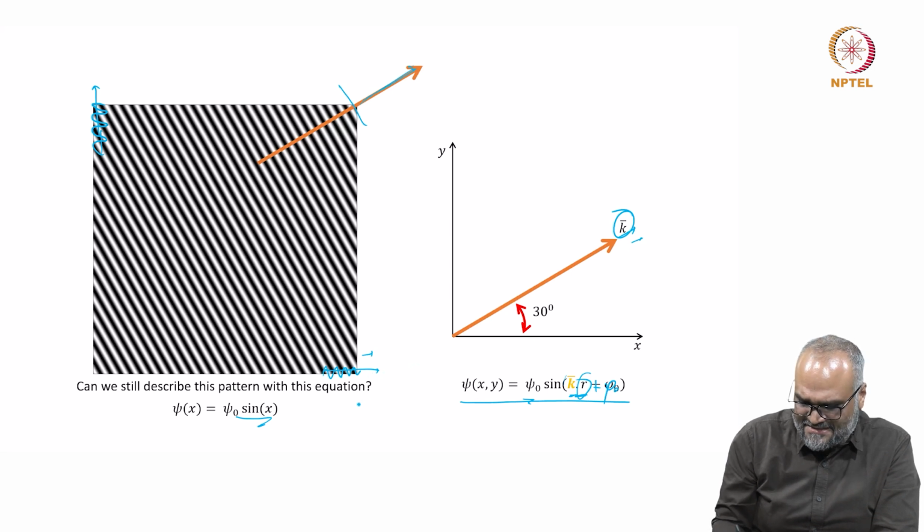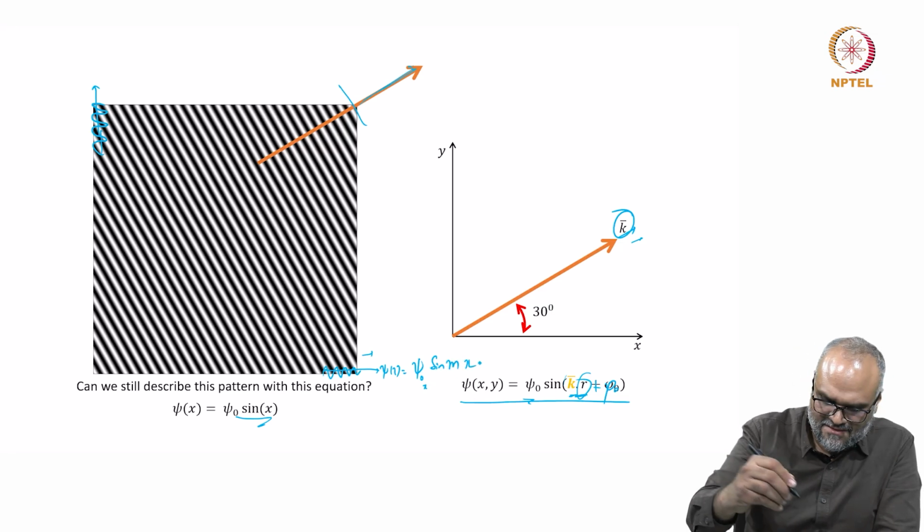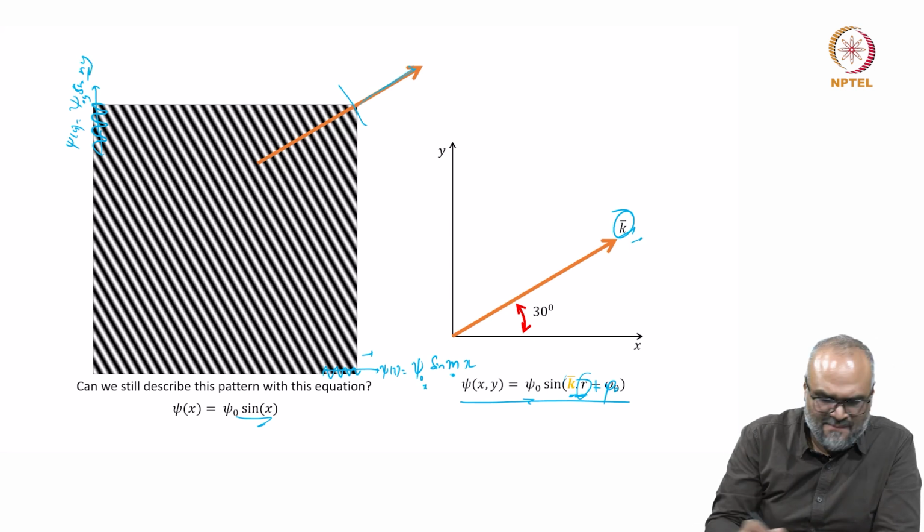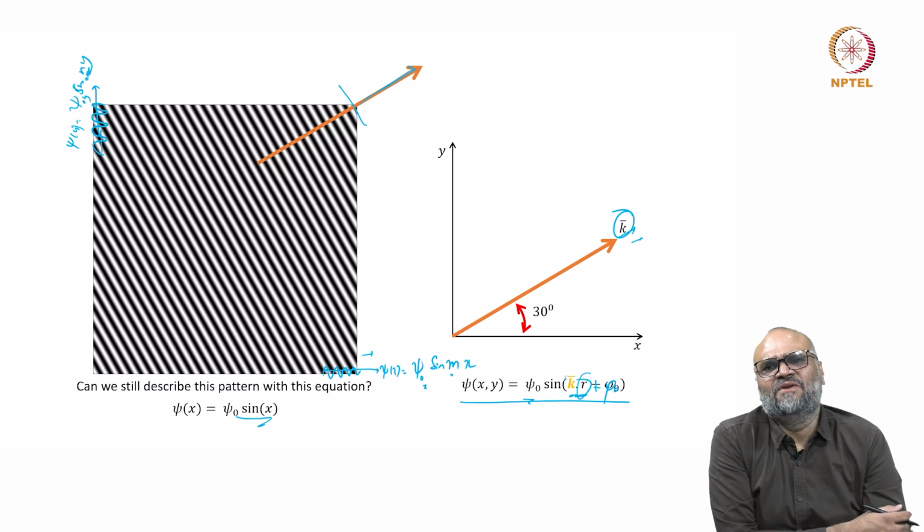If I write this, psi x is psi naught x sine mx, and psi y is psi naught y sine ny. These m and n's can be different.